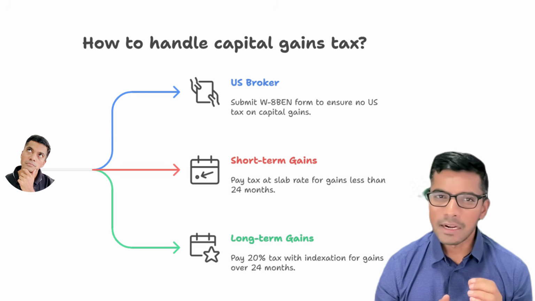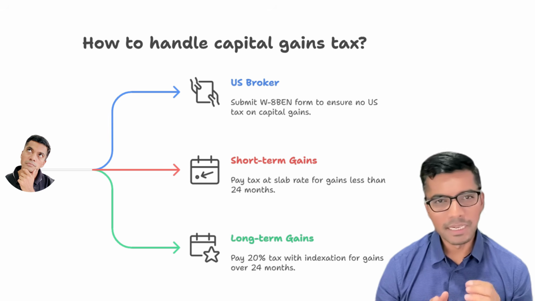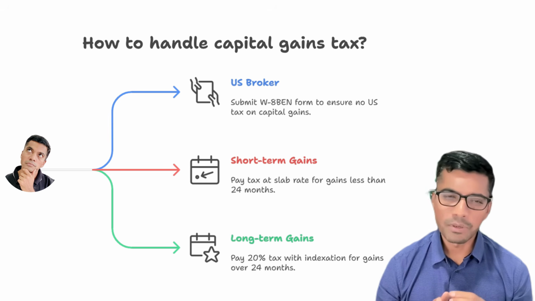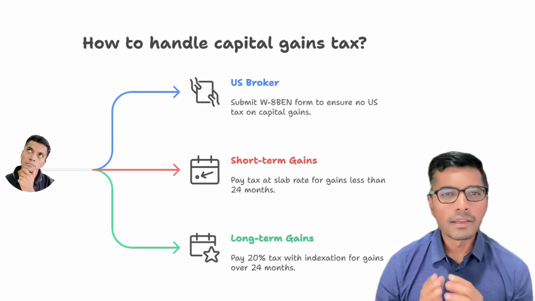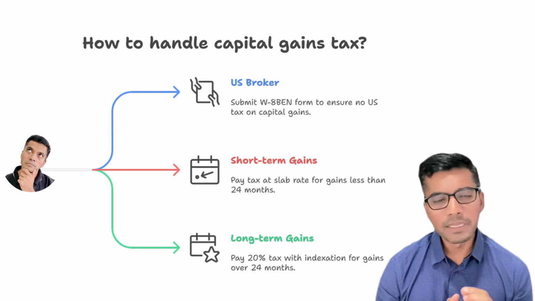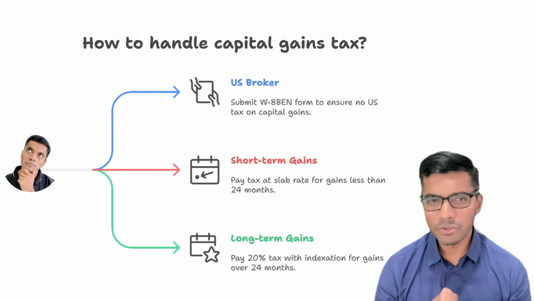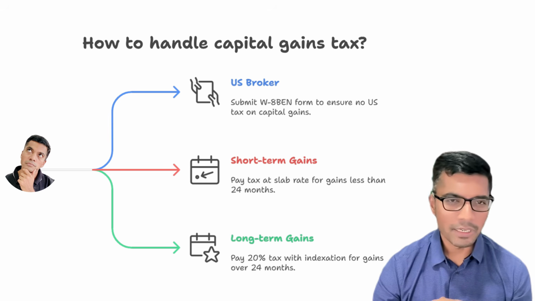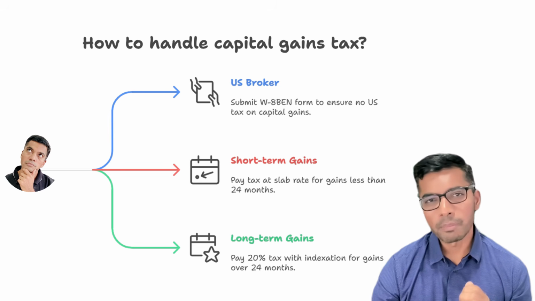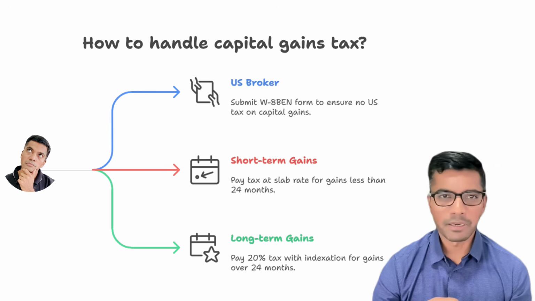If it is held for more than 24 months, it is considered long-term capital gains and it is taxed at 20% with indexation. But keep in mind to submit a W-8BEN form with your custodian or broker as soon as you become a resident of India to make sure you are complying with the proper tax treatment.